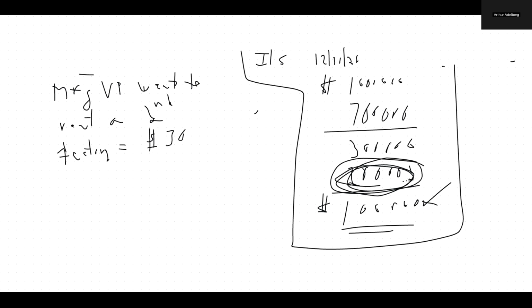And rent is a fixed cost. So we have the manager saying, I want to increase the fixed cost by 30,000. And we have to decide if that's a good or bad idea.